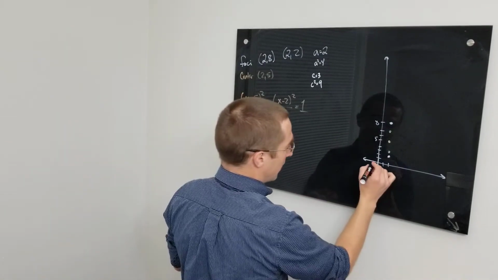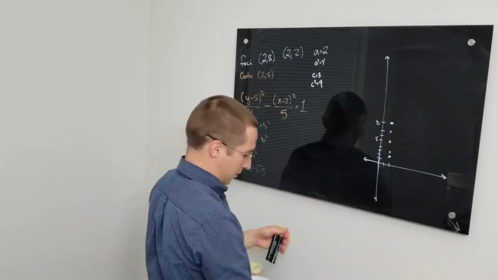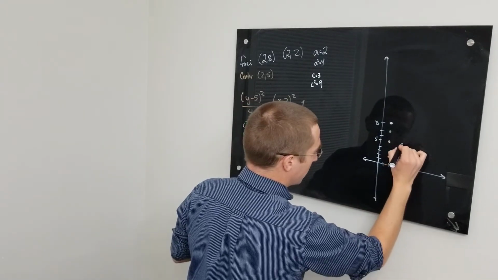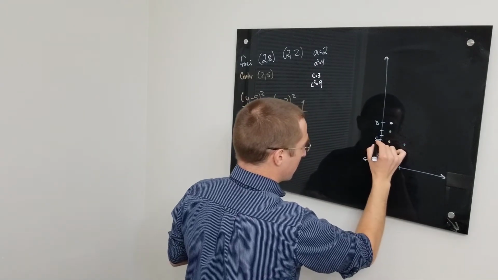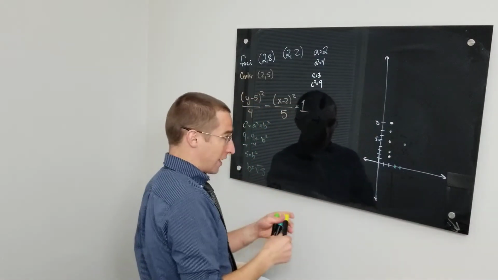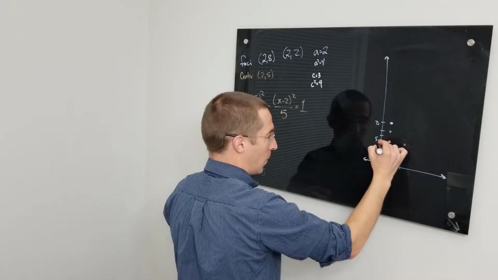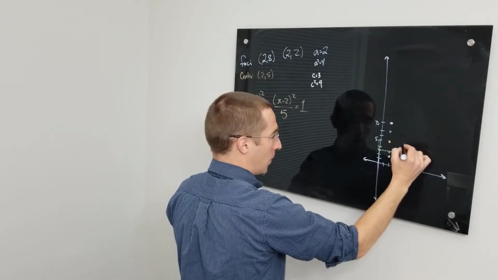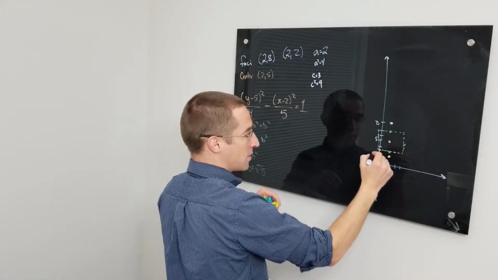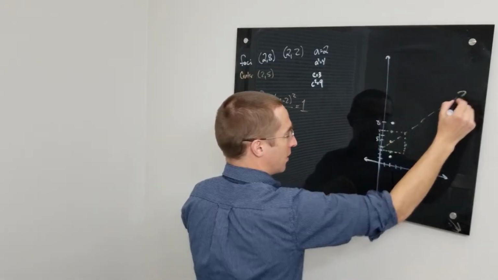So I'm going to go left 2, use a different color here. Let's go blue. 1, 2, so a little bit further that way, and a little bit further that way. And then I'm going to draw in my rectangle. Draw in my asymptotes going as the diagonals of that rectangle.